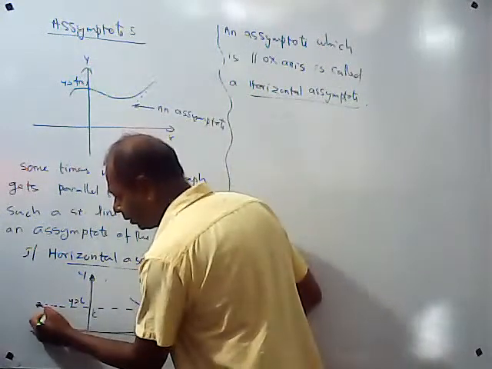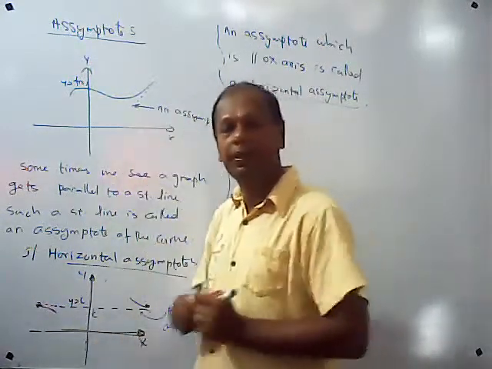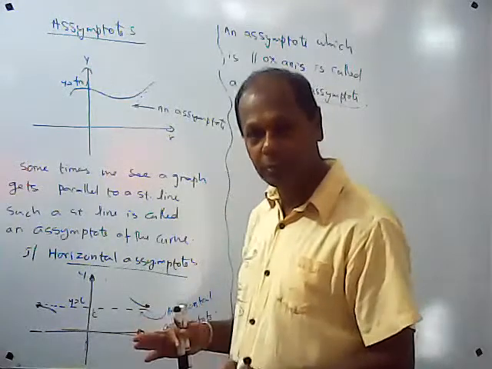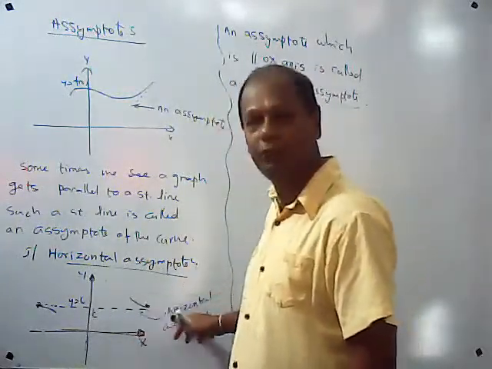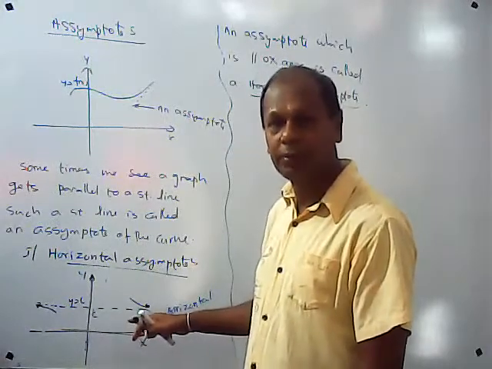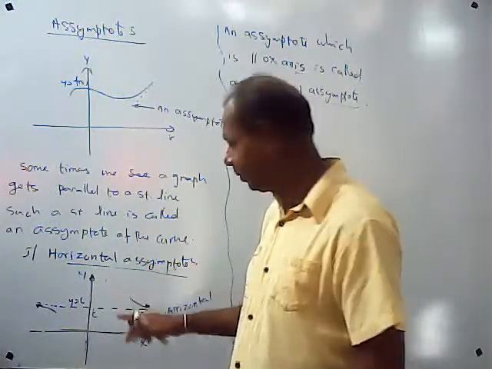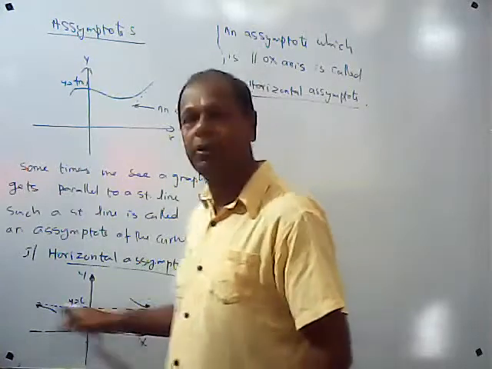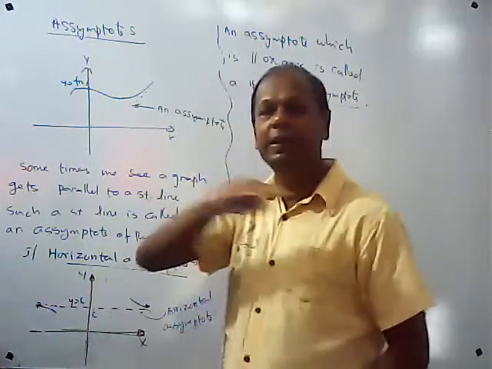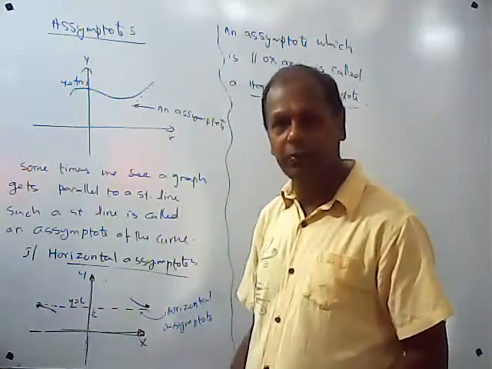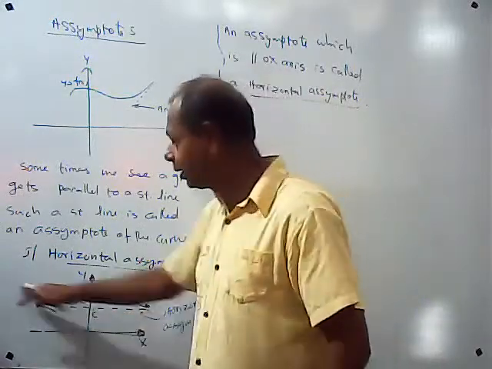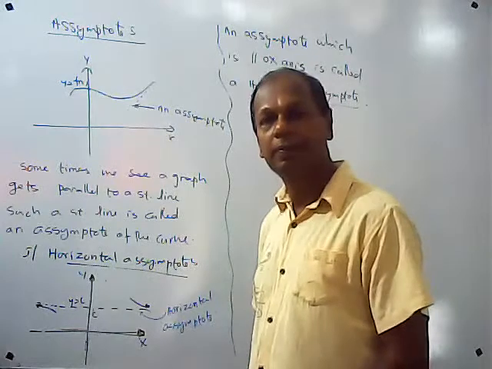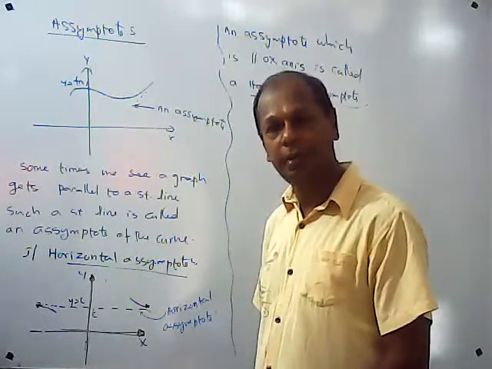So to check if there is a horizontal asymptote, you find the limit of the function as x goes to infinity or negative infinity. If it gets close to some constant value, say c, then y equals c is a horizontal asymptote.